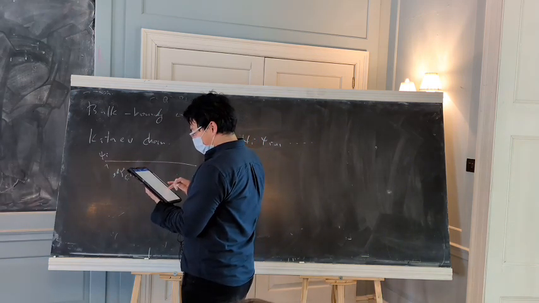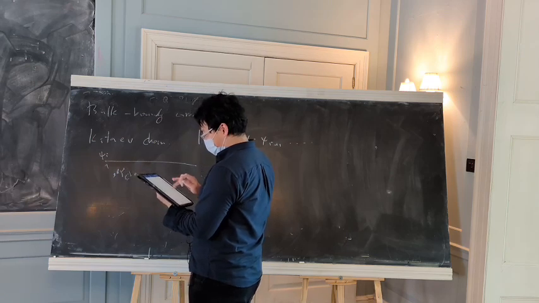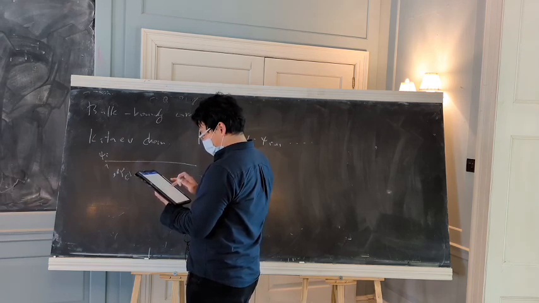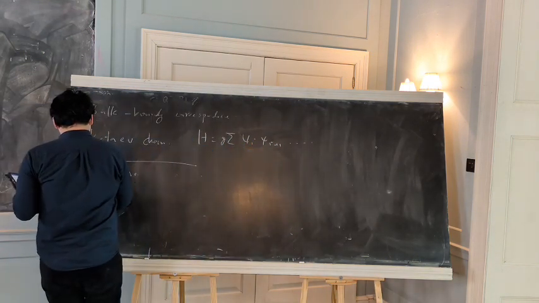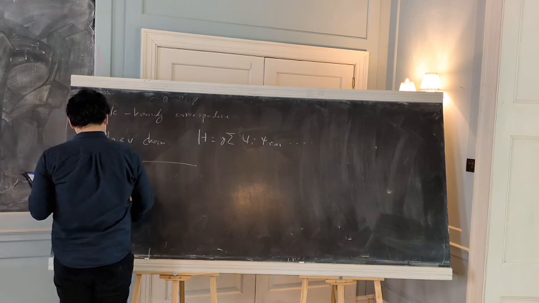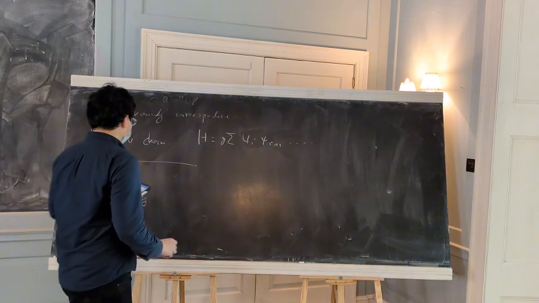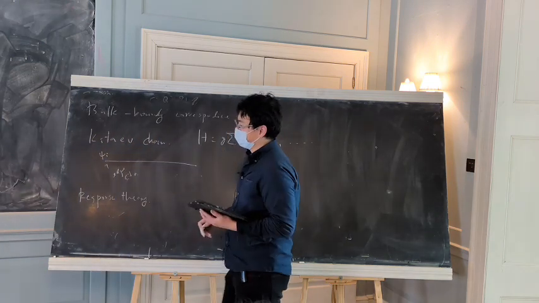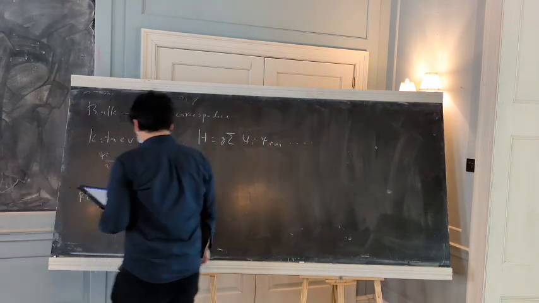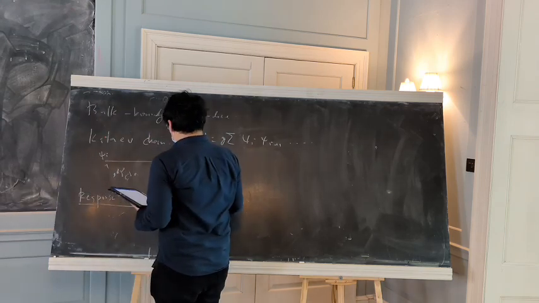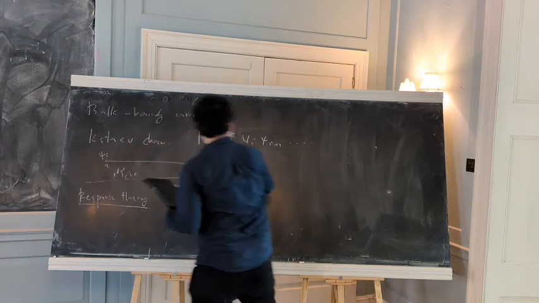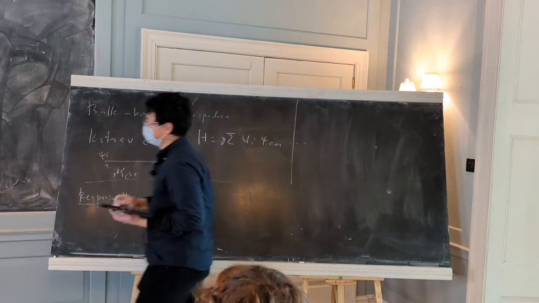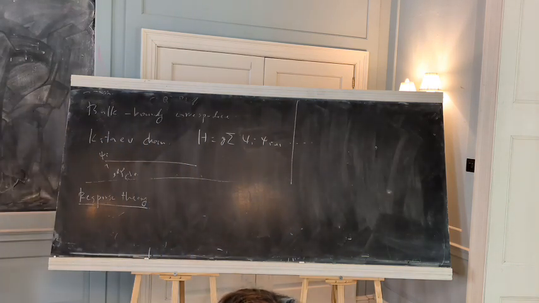We also, let's see, we have half an hour. So maybe let me talk about the response theory. Let me talk about this bulk boundary correspondence in a more precise way. Recall that in the Z2 times Z2 case, in the previous example, maybe let me not use this blackboard, so let me erase this.